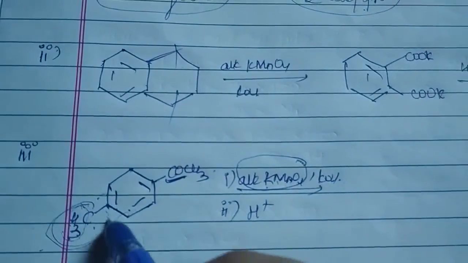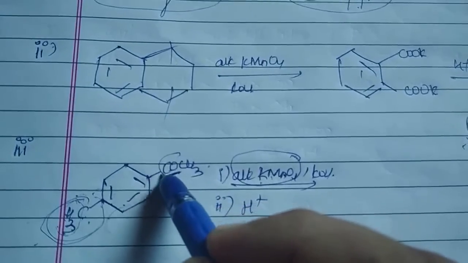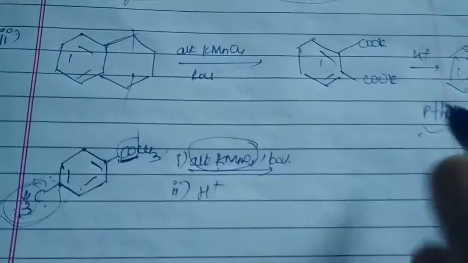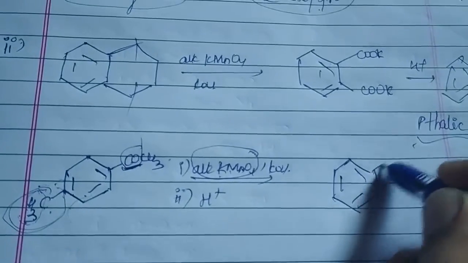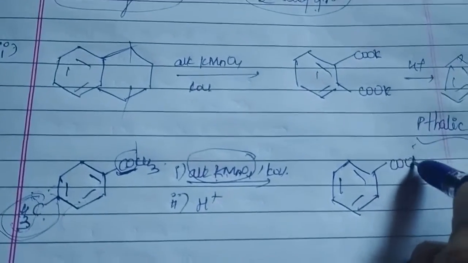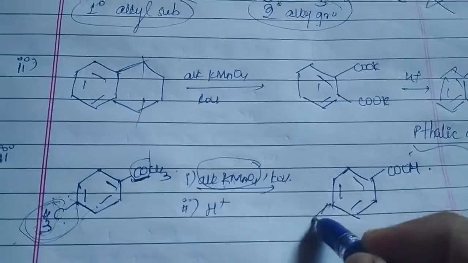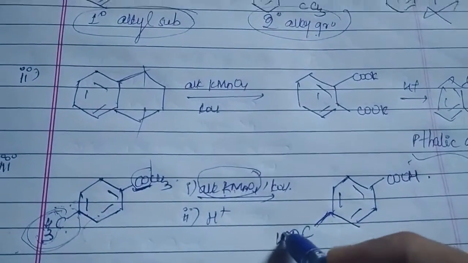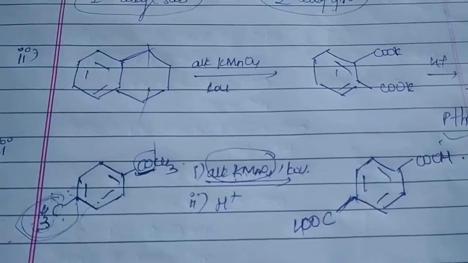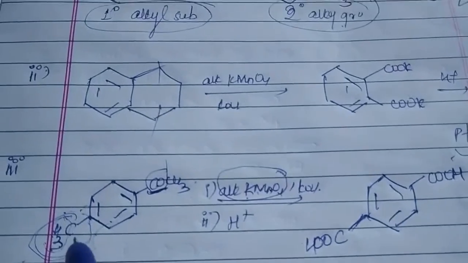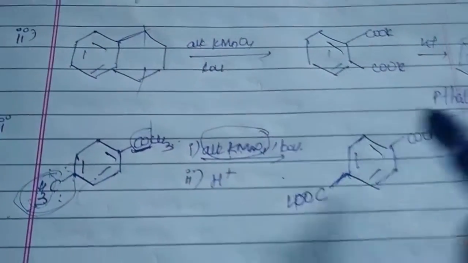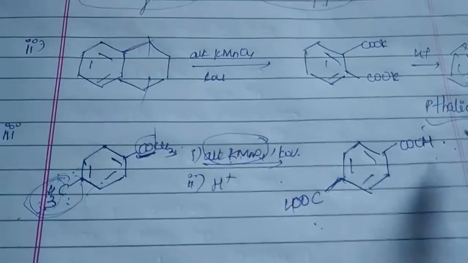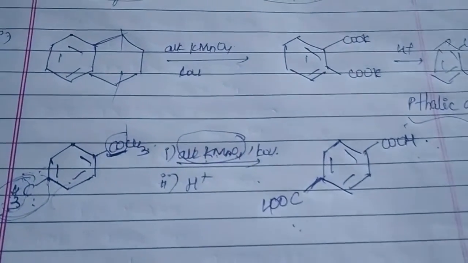Even it will oxidize your alkyl group, even it will oxidize your ketone group. So the final product, you will be astonished to know, both will get oxidized to the corresponding carboxylic acid. First this also becomes COOK, this also becomes COOK. On acidification, both will be carboxylic acids.